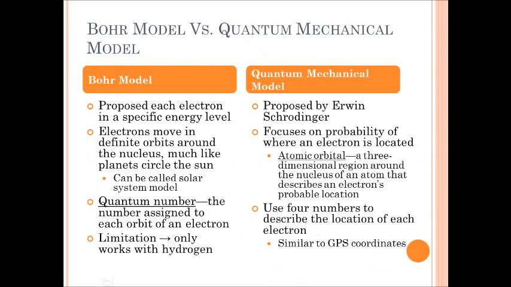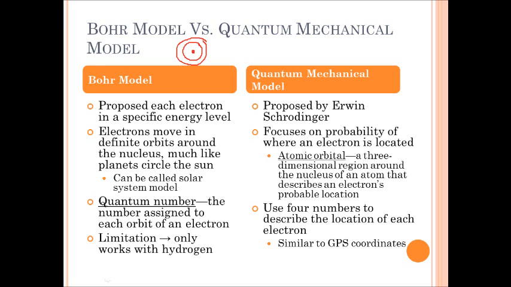And then that kind of brings us to our more modern debate. The one idea that was proposed and that you've probably learned about before was known as Bohr's model. And what he said here is that electrons, if you have your nucleus, are going to orbit the nucleus in specific rings.